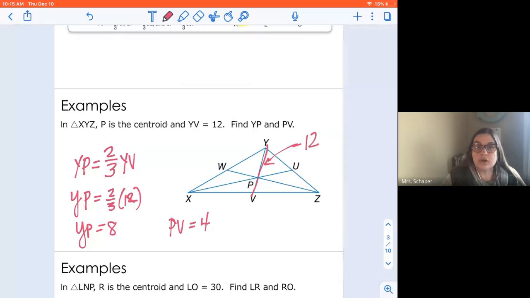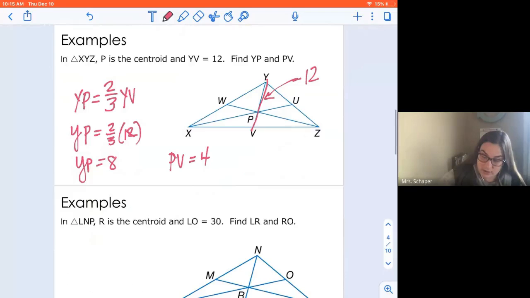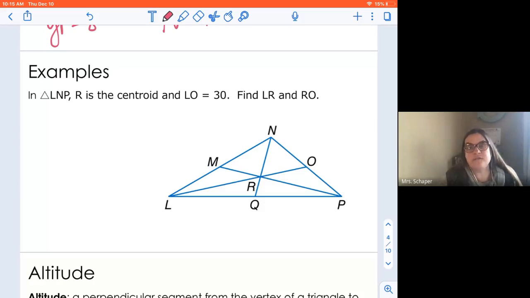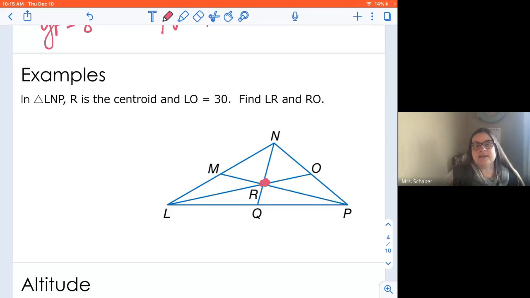Using that connection, let's go through another one. In this picture, R is the centroid. The centroid is the point of concurrency for the medians. It is from one vertex to the other side at the middle. So for example, we know that LQ and QP are congruent because the median bisects the opposite side.